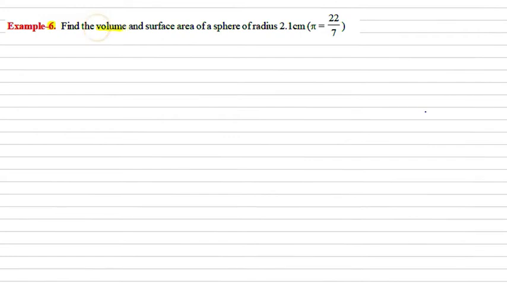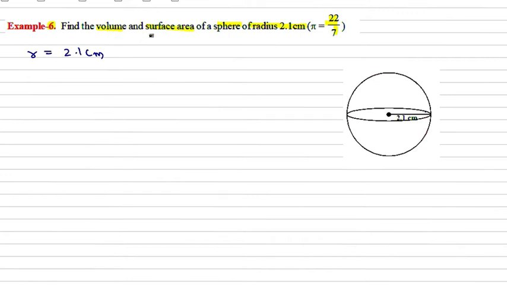Next example, sixth one. Find the volume and surface area of a sphere of radius 2.1 centimeter. Here we can take pi is equal to 22 by 7. So here given radius is equal to 2.1 centimeter. So here we are going to find the surface area and volume of the sphere.